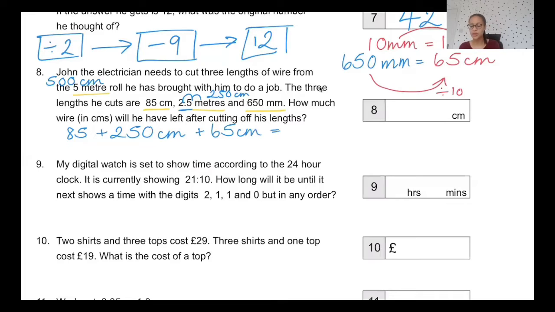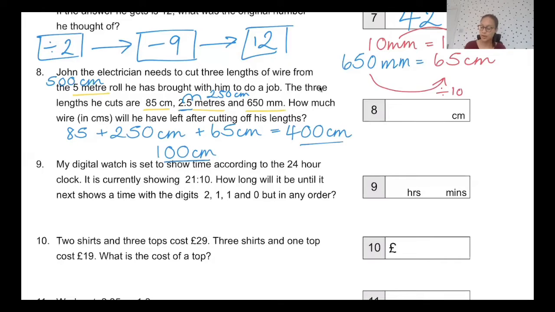Now we would add those up to see how much he uses. Do 85 plus 250 plus 65, which is 400 centimetres. And then take 400 from the original 500 centimetres, and we get 100 centimetres as the answer.